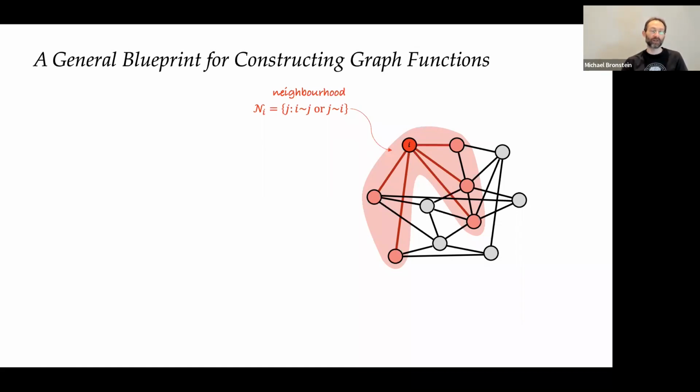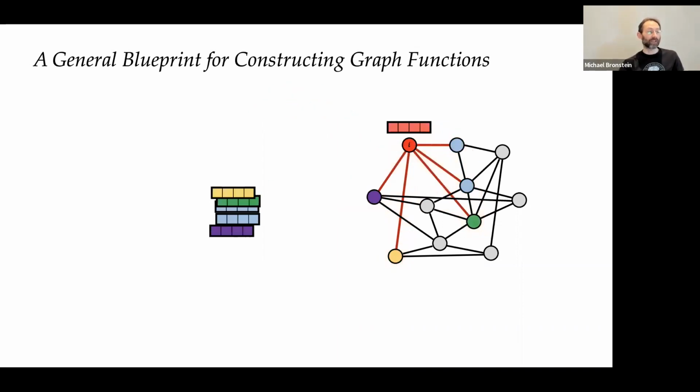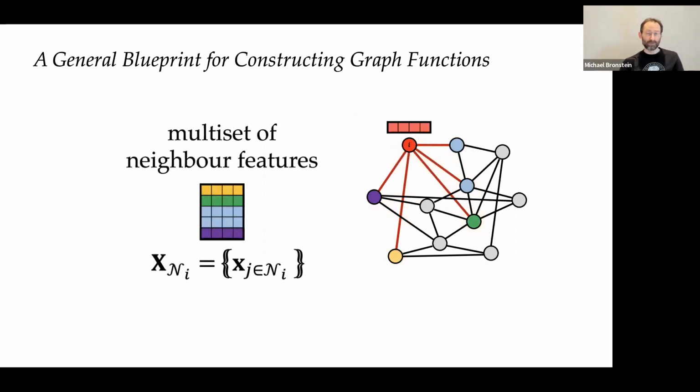So this is a kind of simple trade-off. We'll see, of course, that we run in this case into some limitations in what kind of functions we can express. So bottom line, we take a node, we look at its neighbors, we take the feature vectors of the neighbors. They form a multiset, so it's a set where the same element can be repeated more than once because we might have identical features at neighbor nodes.